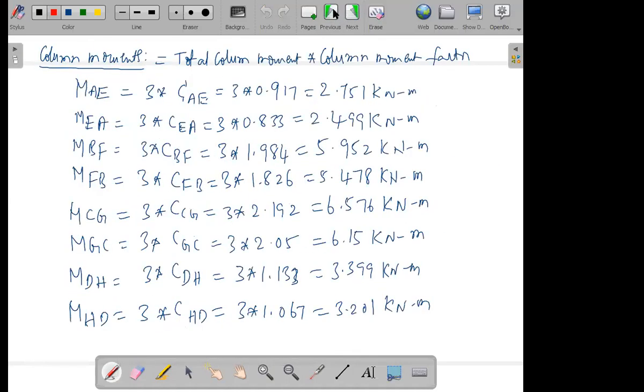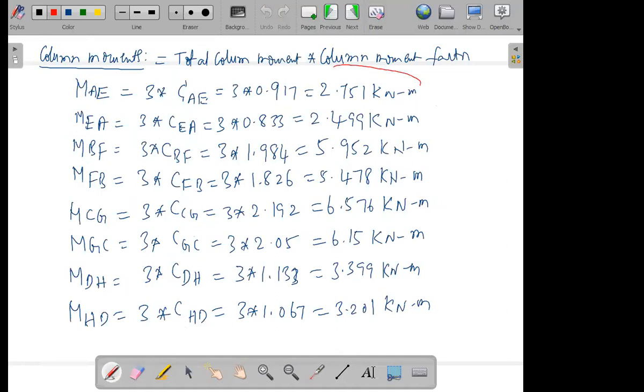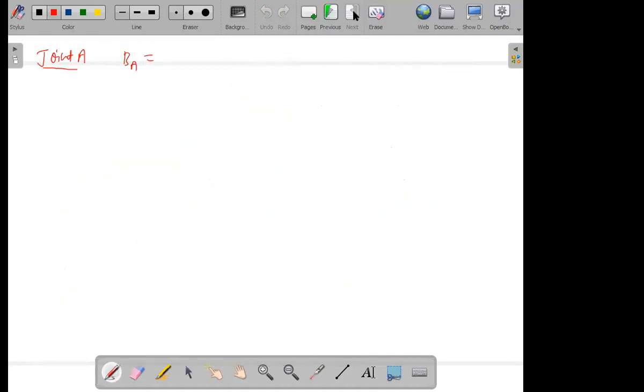You calculated 2.751. Divided by the sum of gutter moment factors.